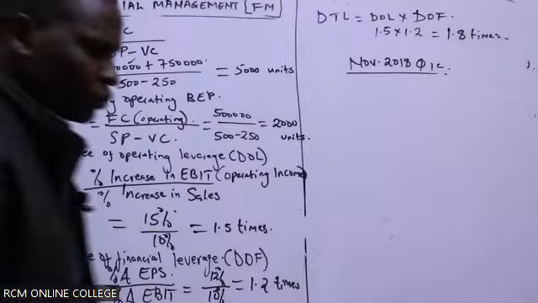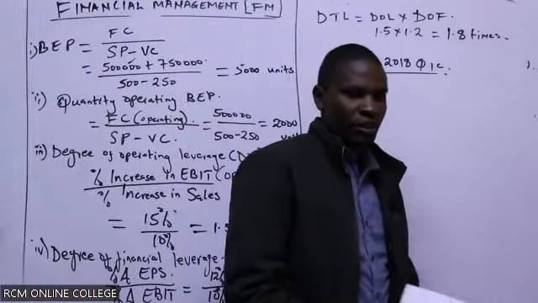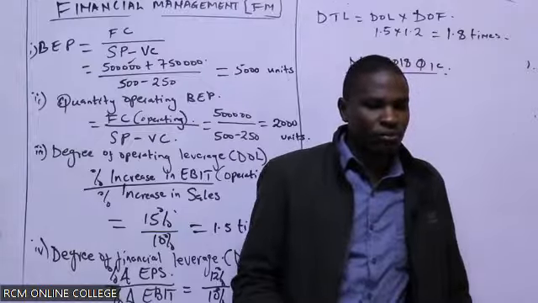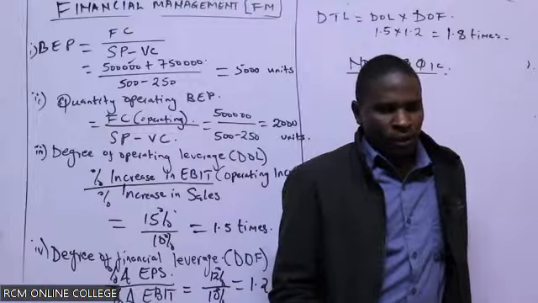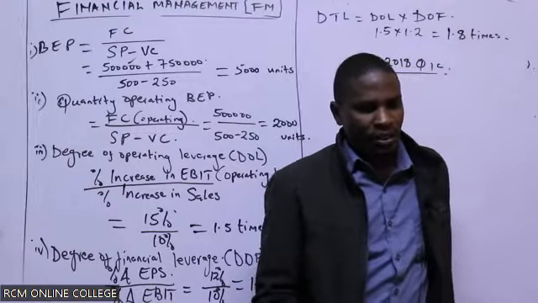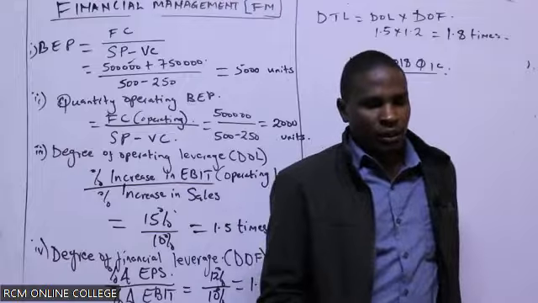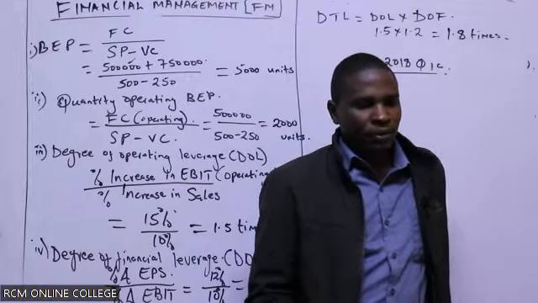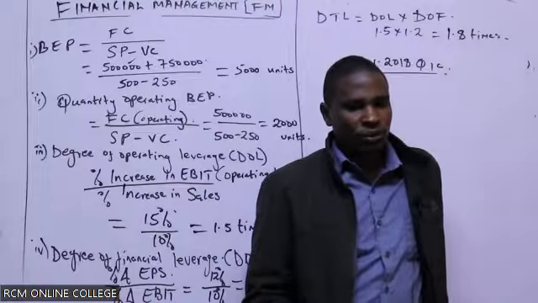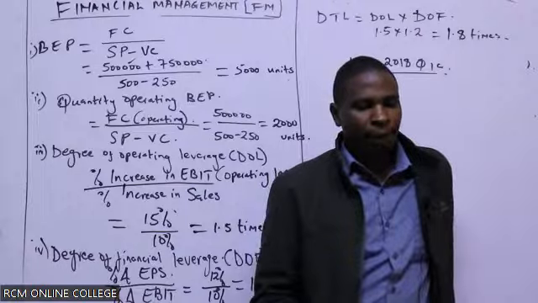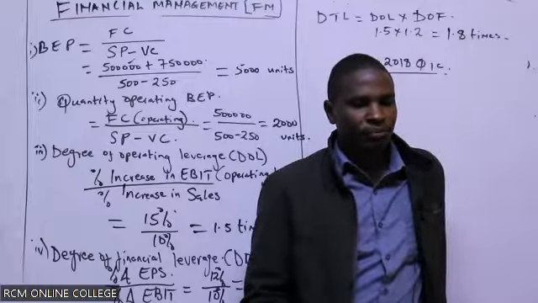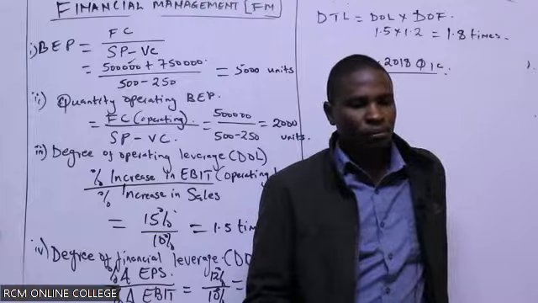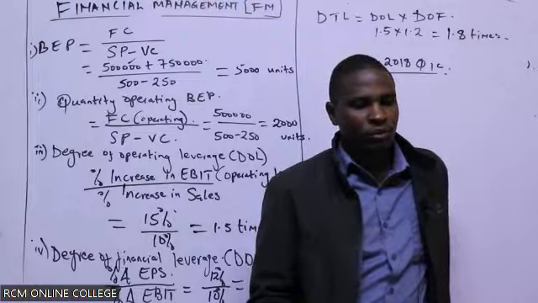So class, I would like us to complete this question. While calculating KP of redeemable preference share, which formula do we use? That's a question from Kihara.